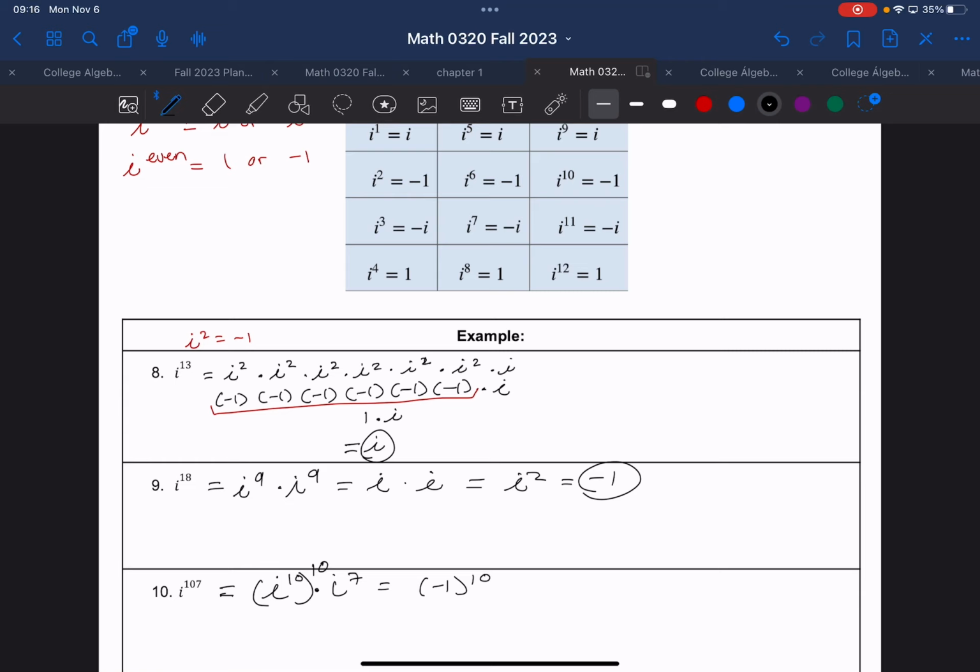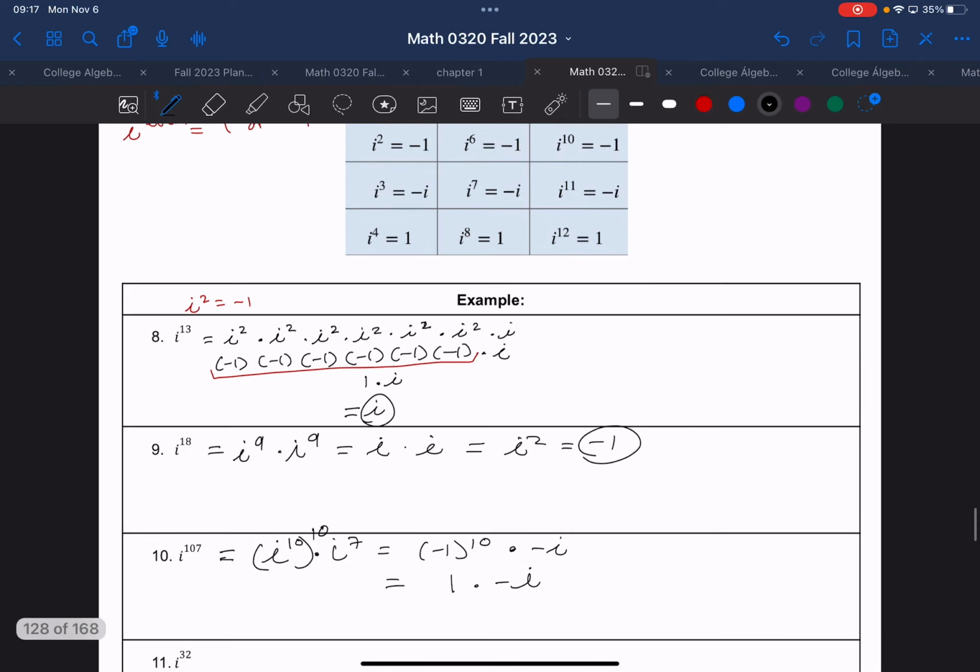And we know that i to the 7th is, look at our chart, -i. -1 to the power of 10 is going to give us a +1 or a -1? +1. So this gives us 1 times -i, which gives us -i.